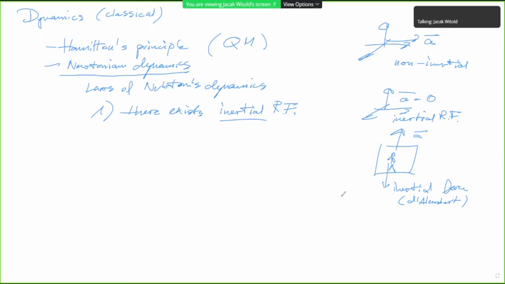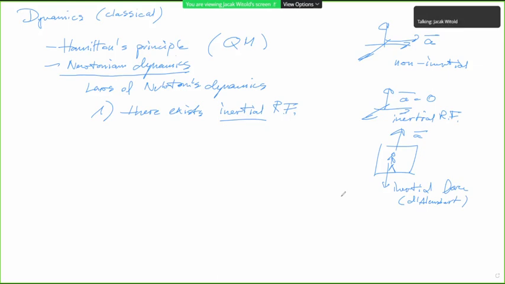So to be more precise, you should say that in an inertial reference frame, an object moving with constant velocity and not being acted upon by any external force will remain moving with constant velocity, in particular staying at rest if this constant velocity was 0.